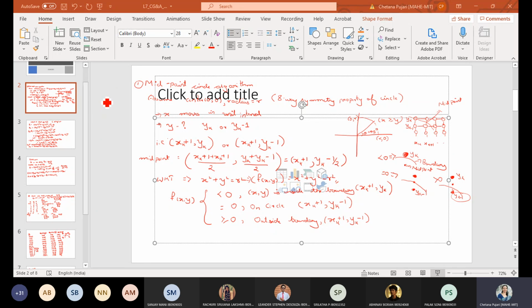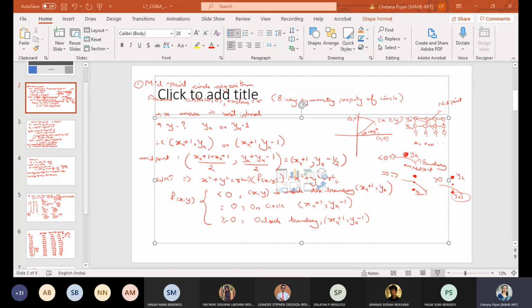Till you reach 45 degrees, you calculate the value of every coordinate, and here you decide whether you will go ahead with xk plus 1, yk, or consider xk plus 1, yk minus 1. So the algorithm is mainly to decide this, correct?